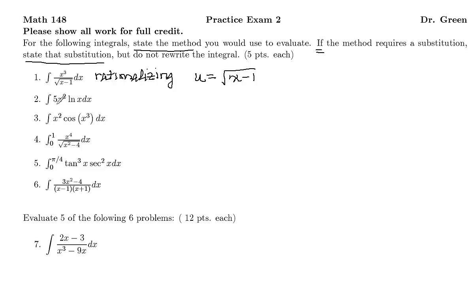Here I see a power of x times a transcendental function, log x. So that's going to be integration by parts. And then usually you are going to let u be the part that has the power in it.